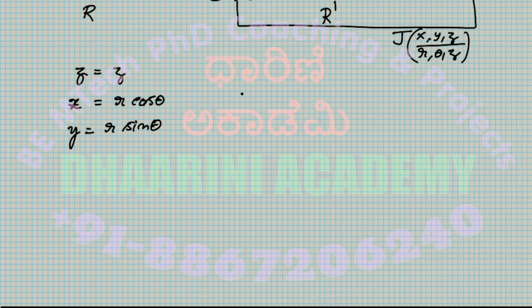What's the equation for J? If you remember, J is written as the derivative of x, y, z with respect to r, theta, z. Since there are three variables to be differentiated with the three other variables, this is a 3 cross 3 determinant.